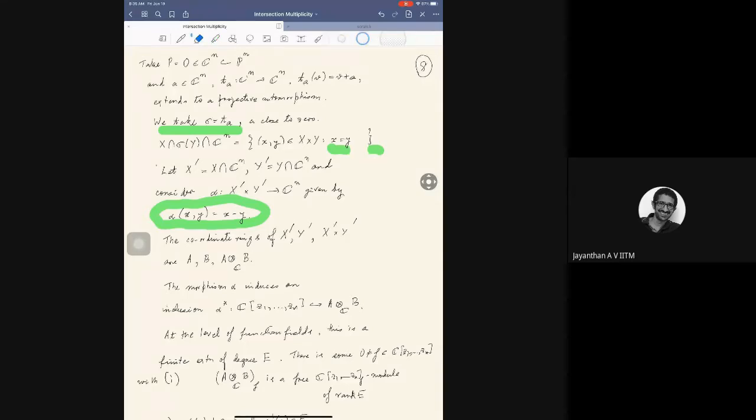Oops. So this is ineptitude. Maybe I better not attempt anything. So one is taking the inverse image of A. When you do that, of course, you're going to get points. Well, your morphism is going from X prime cross Y prime to C^n.